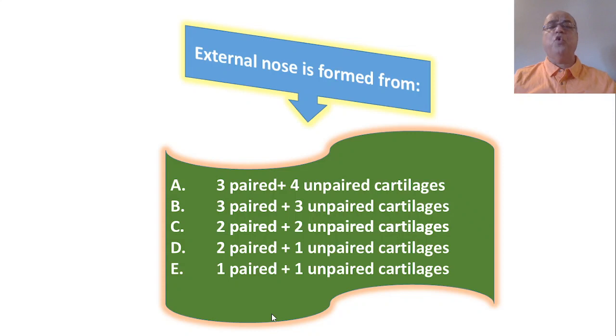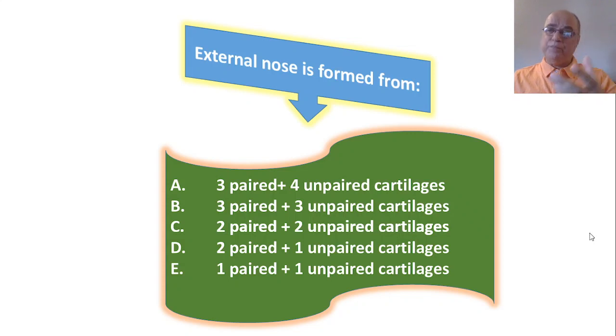External nose is formed from. Now we know that the external nose has an osteocartilaginous framework. The upper 1/3 is formed by the bony framework, while the lower 2/3 is formed by the cartilaginous framework. There are upper lateral cartilages which are paired, and lower lateral cartilages which are paired.